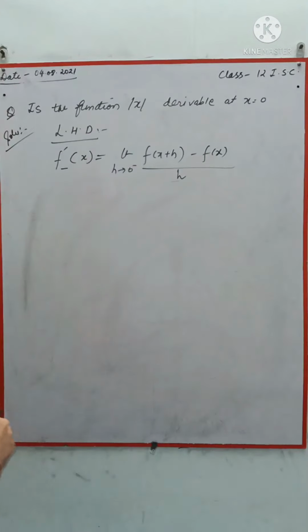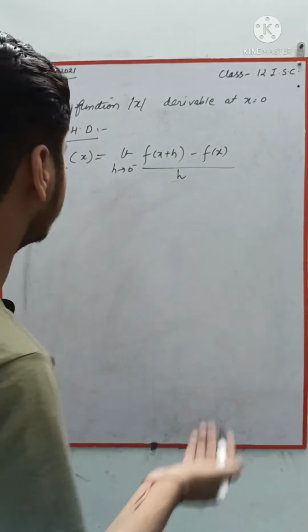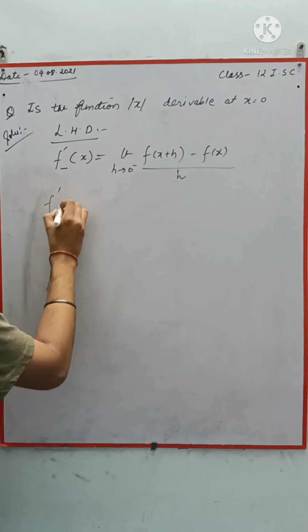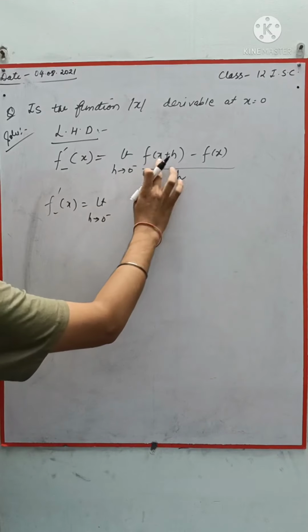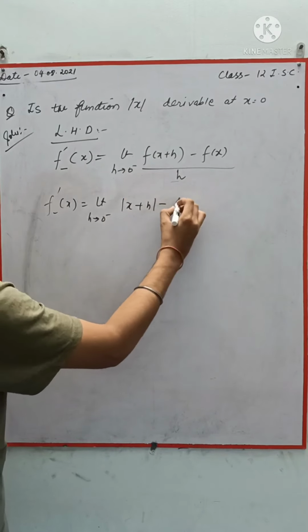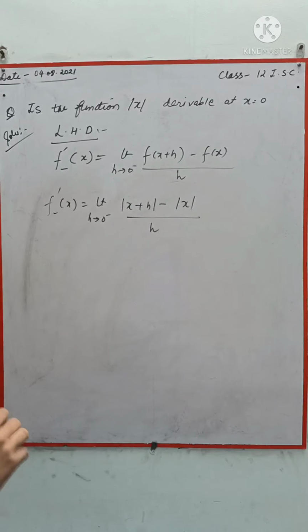I hope you are getting it. This is the definition for LHD, and if we write it more clearly, it will be f dash of minus x, limit h tends to 0 minus, f(x) upon h. I hope you are getting it.